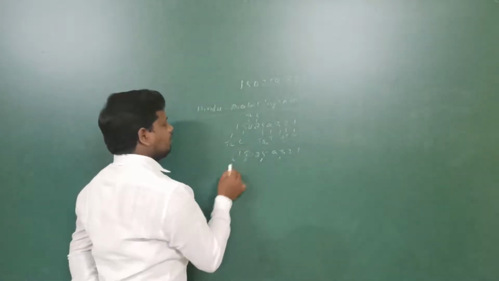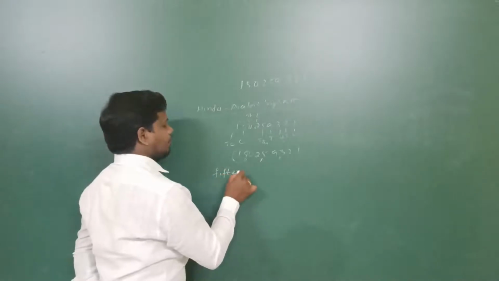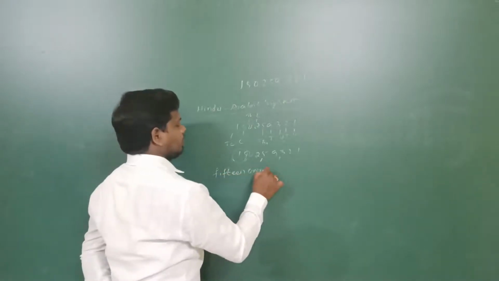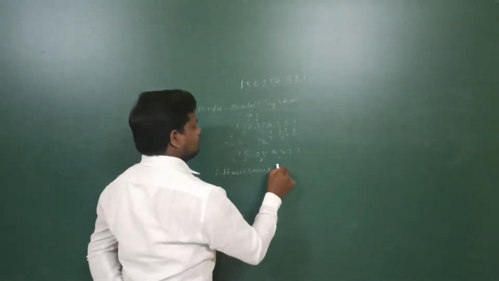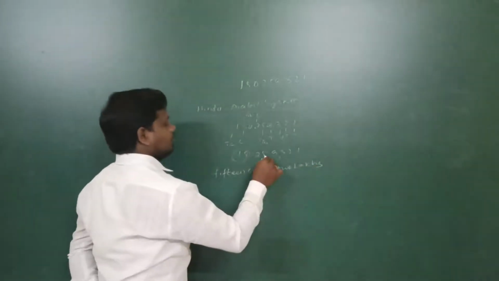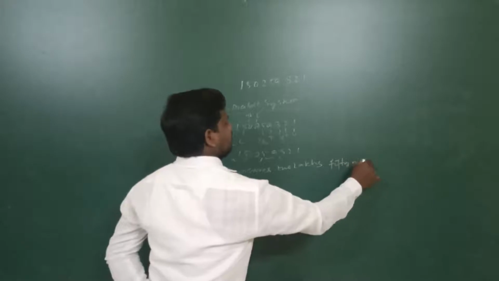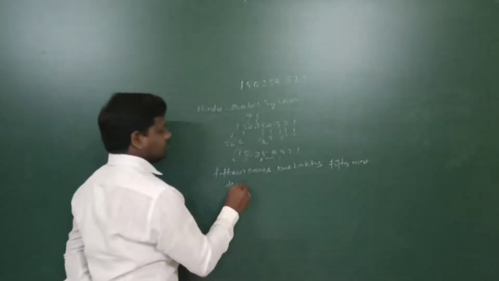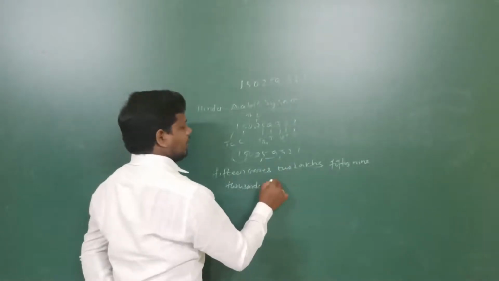Here, what is the place value of this one? 15 crores. And here 0 and here 2, means 2 lakhs, 2 lakhs 59,000, and 321.